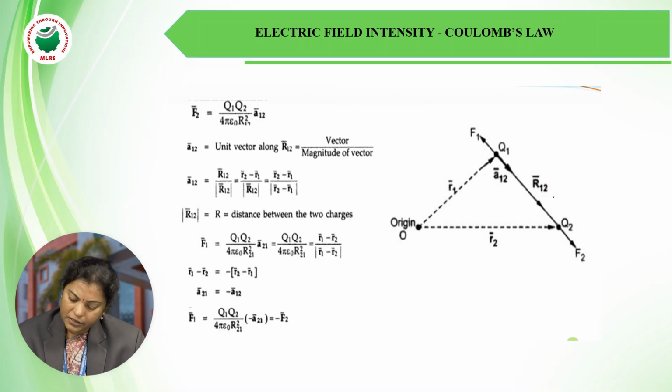From the origin, Q1 is at a distance R1 and Q2 is at a distance R2. In between these two, the distance vector separates the two point charges. Here I have shown A12, which is a unit vector.